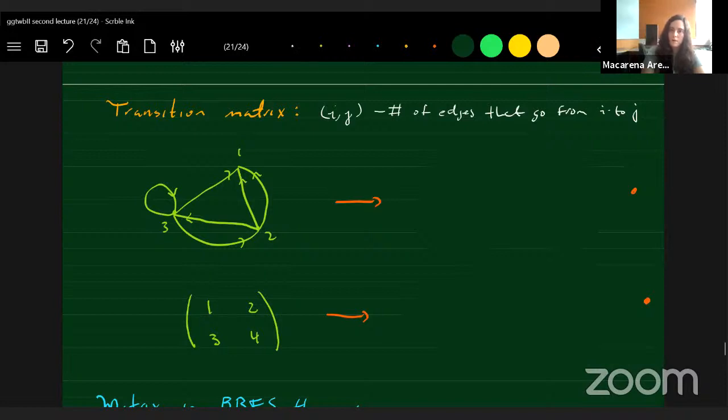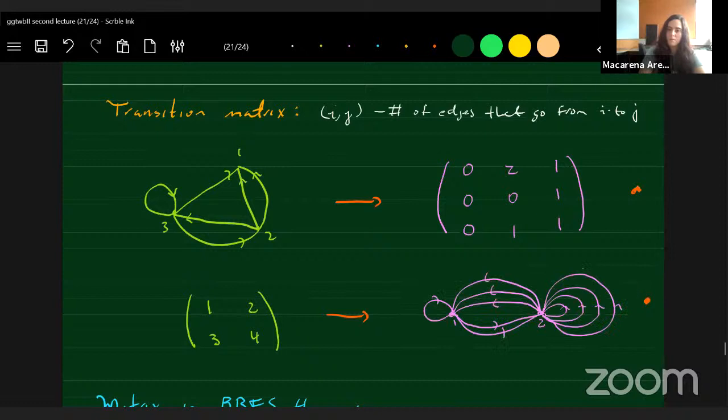Here's an example. We have a graph here, and the associated transition matrix is this one. And in the other direction, we have a matrix here, and its associated graph. This is the transition graph of this matrix.